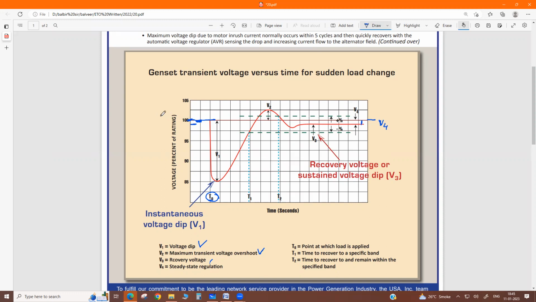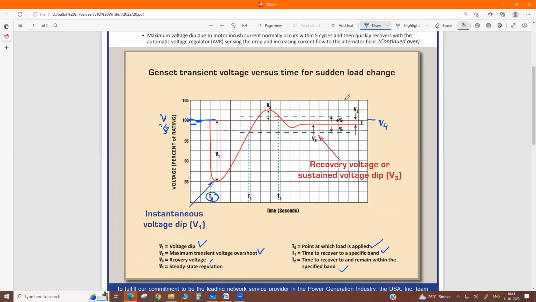Suppose V is the reference value and V3 is your recovery voltage. What is the variation here? T0 is the time at which your motor is started, T1 is the recovery time, and T2 is the time to recover and remain constant.